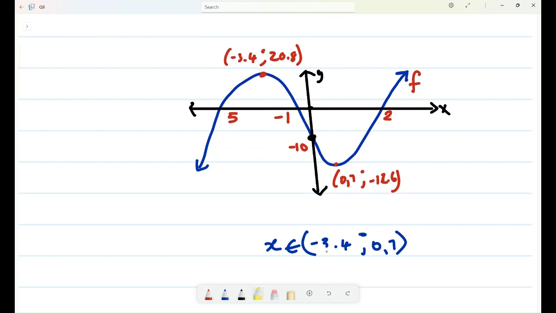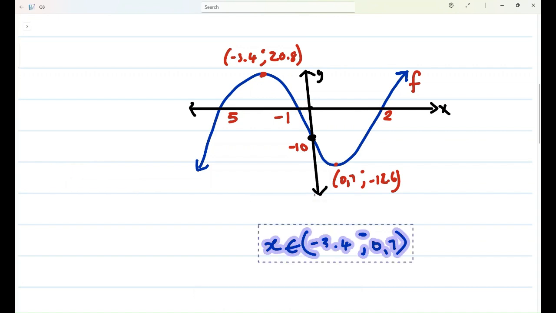It is stationary. My gradient is 0 there, so it is not less than 0. Hence, I'm not including it. Yes, the memo might say you can include it. If you are doing physics, you'll see that when a car is stationary, there is no velocity. So this is our answer.